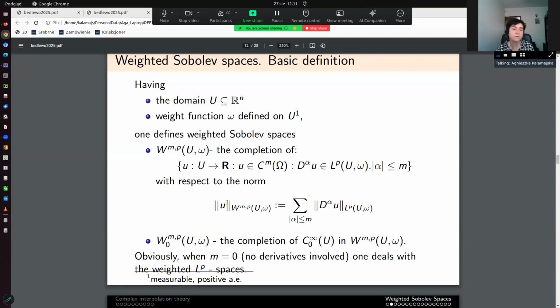And I can tell you that W0^{m,p} is often W^{m,p}. For example, on the entire space R^n it is so. So sometimes C0 infinity is dense in W^{1,p}, and sometimes it is not, on a domain, also can be with a certain measure.